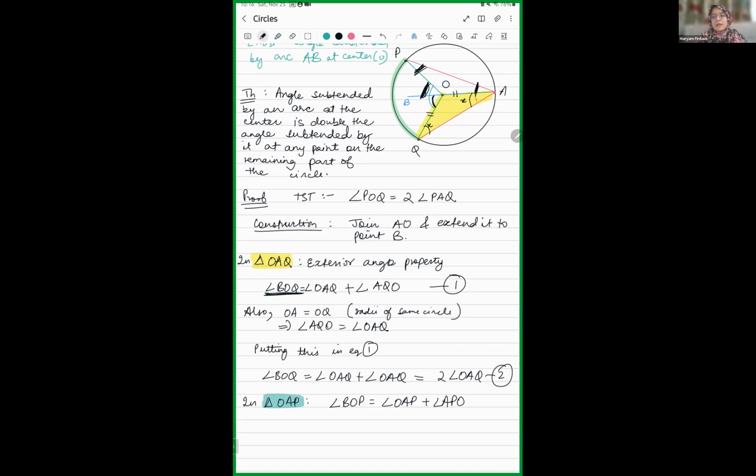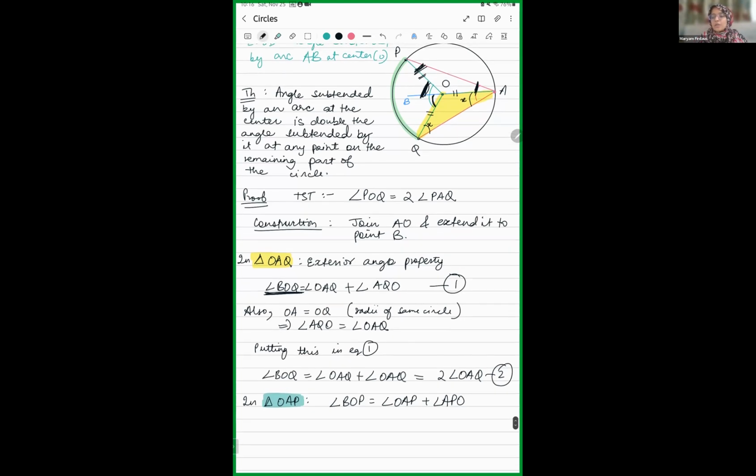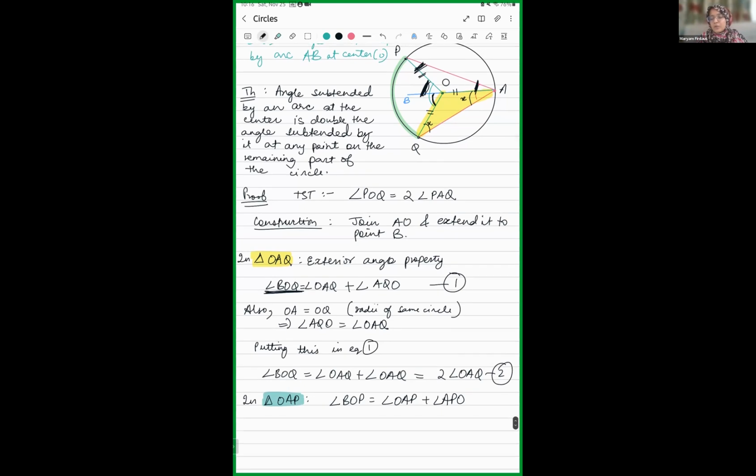Now these angles, again, are going to be equal. Why? Because these two are radii of the same circle. So they are both going to be equal. So again, angle OPA is equal to angle OAP. So they are both equal.